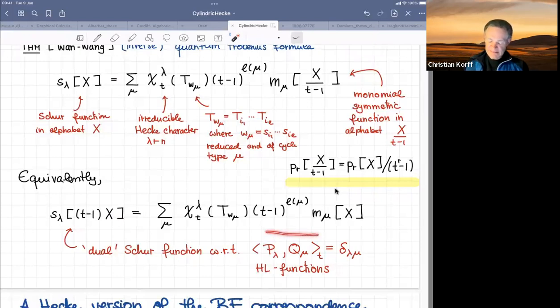And this is not the standard Hall inner product in the ring of symmetric functions, but a slightly different one, which depends on this deformation parameter T of your Hecke algebra. And if you then ask yourself with respect to this new inner product, what is the basis which is dual to Schur functions, then you precisely end up with these guys.